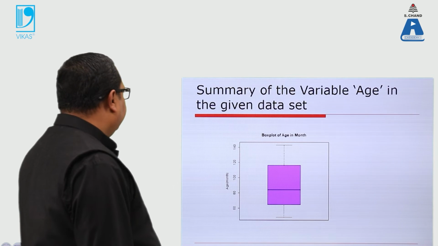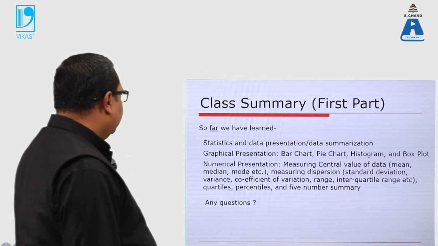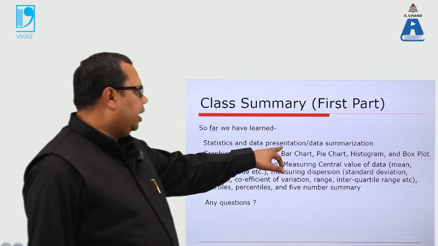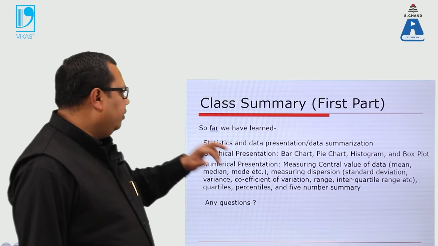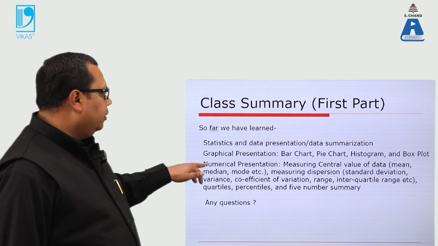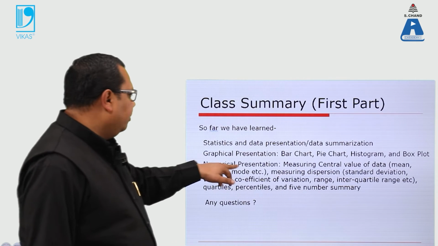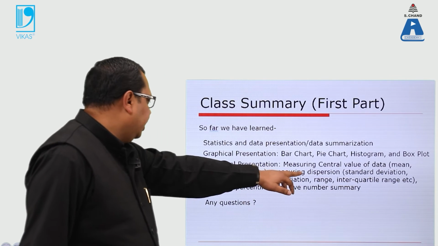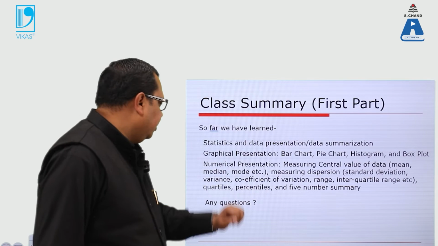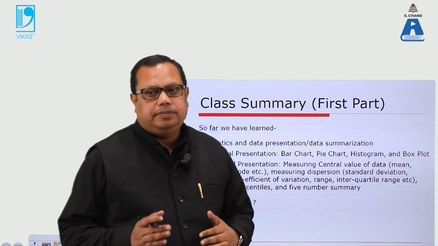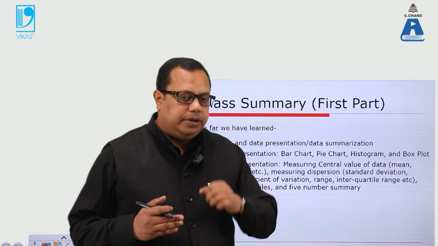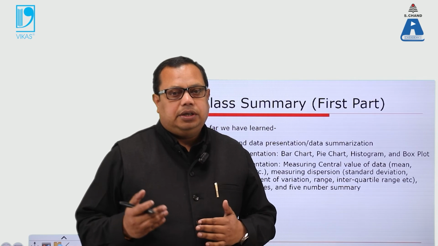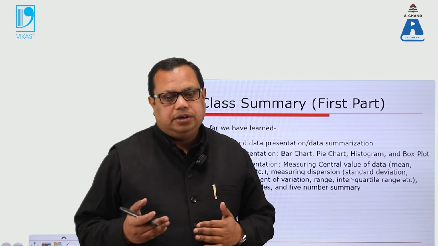In summary, we have done the bar chart, pie chart, histogram and box plot, then the numerical measures: the mean, median, mode, then standard deviation, variance, coefficient of variation, then the quartiles, percentiles and the 5-number summary. We have discussed all these numerical calculations in our previous slides, and how they are generally done to get the particular value.